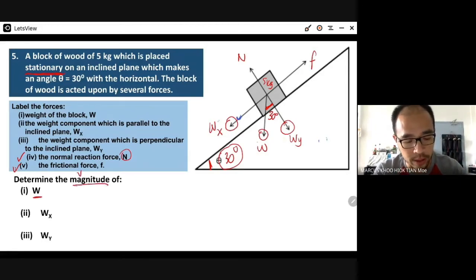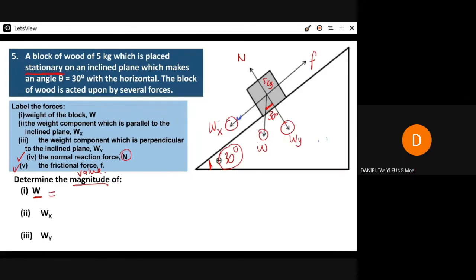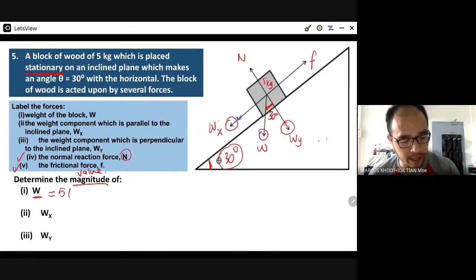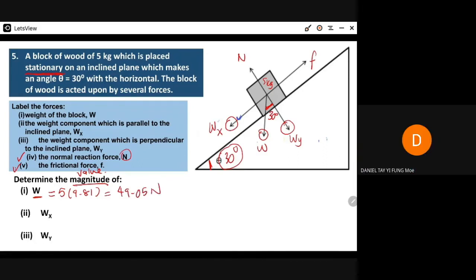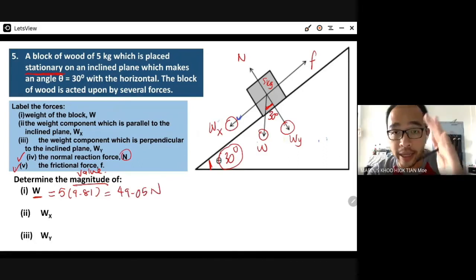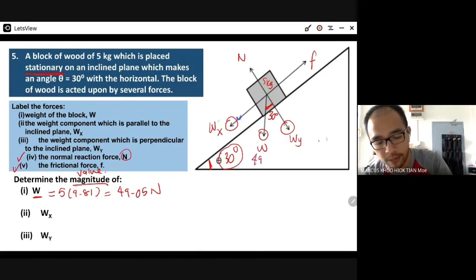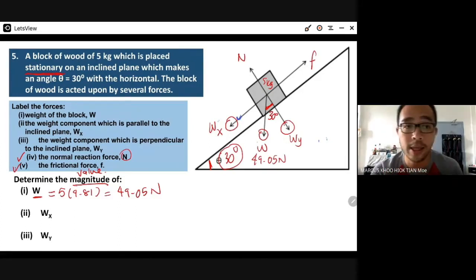Determine the magnitude of W. How would you calculate the W? Daniel? 5 times 9.81. Since we're doing this together, I'll count for you. It is 49.05 newtons. Very good. So the slanted force is 49.05 newtons.